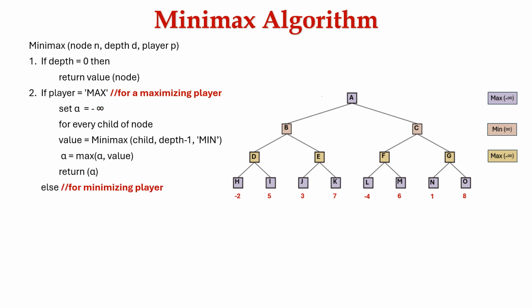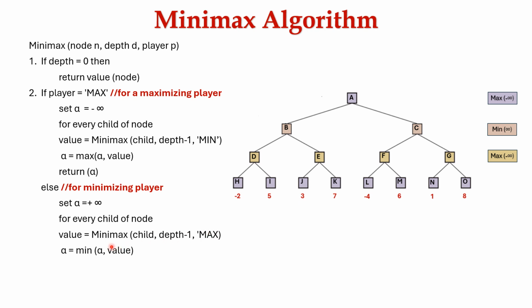In the else part, it is for the minimizing player. It starts by initializing the alpha value to a large number, plus infinity. Then it iterates through each child node of the current state, and for each child, it recursively calls the minimax function while decreasing the depth and switching to the maximizing player max. As the recursion progresses, it updates the value with the lowest score found among the children.